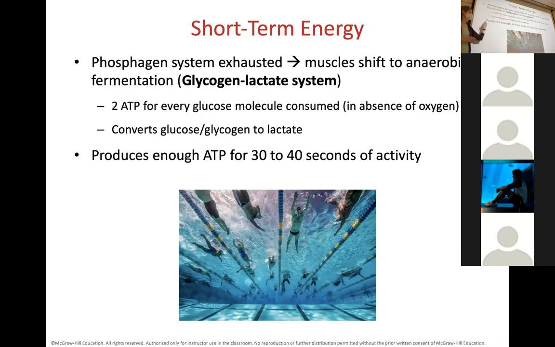This will get you to about 30 to 40 seconds of pretty intense activity. So from 8 seconds to 40 seconds, the end of the phosphagen system to the end of the glycogen lactate system, that's the anaerobic respiration phase. Your muscles are getting ATP, just not a whole lot.